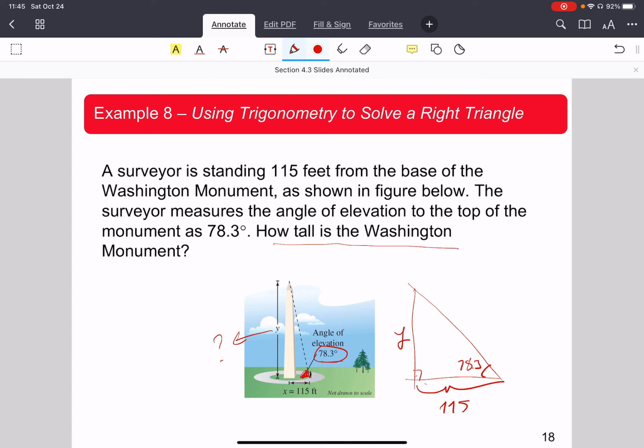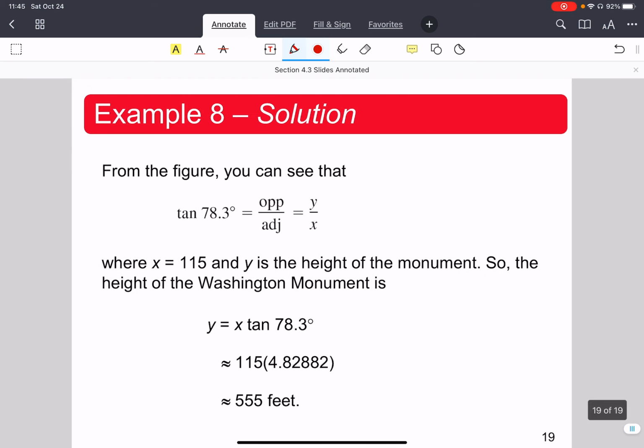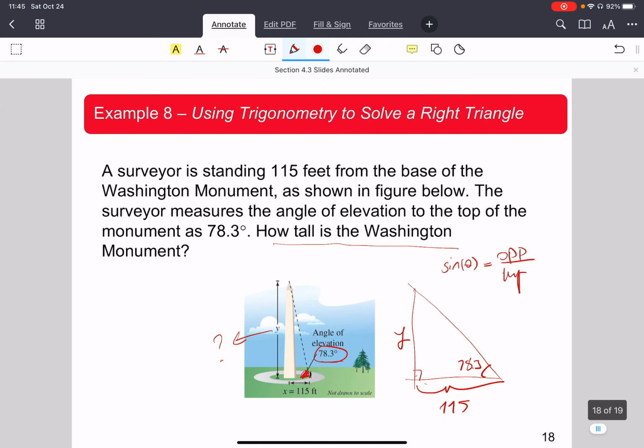The way we're going to do that is to take a look at what y is. Y is the vertical distance, or the opposite side. And we know sine is opposite over hypotenuse, but the problem is I don't have the hypotenuse.